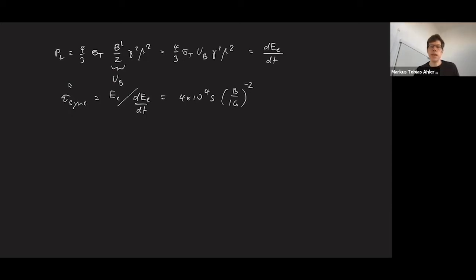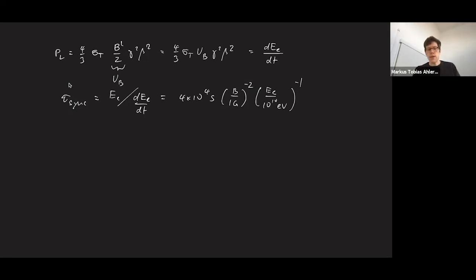And then this scales like B to the power minus 2, because we divide by the Larmor power that scales like B squared. And then the total energy dependence will go like 1 over the energy. This is for the case that the energy of the electron is about 10 gigaelectron volt, so 10 to the power 10 electron volt.